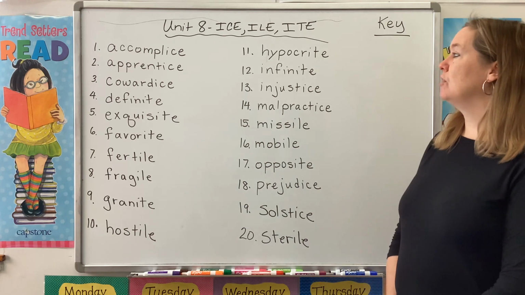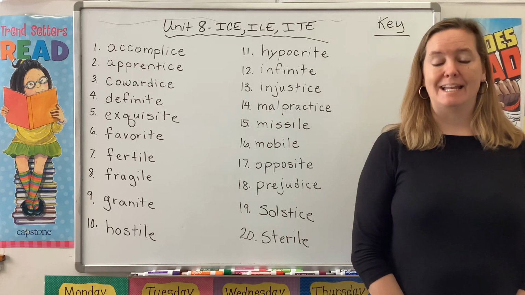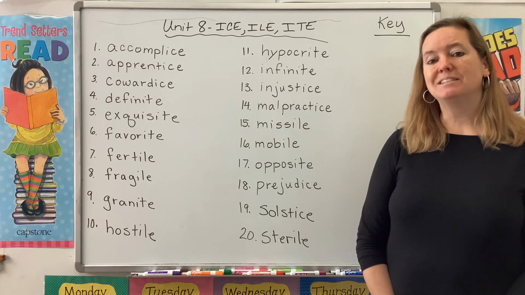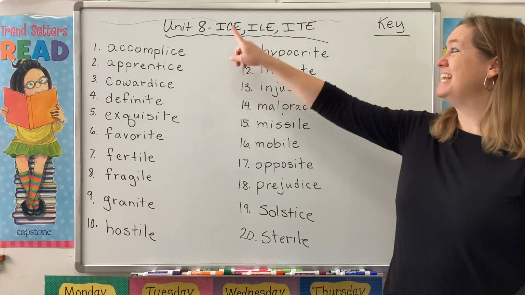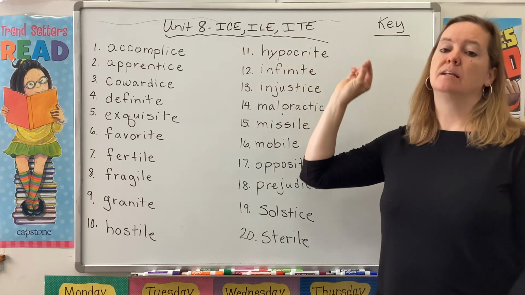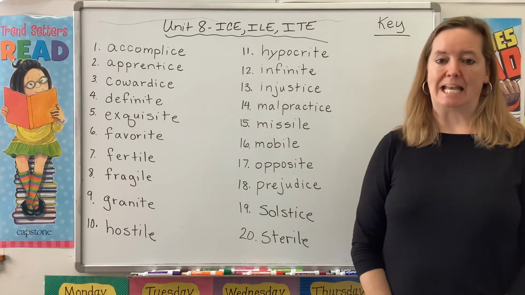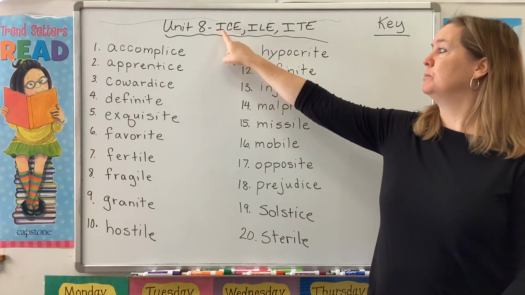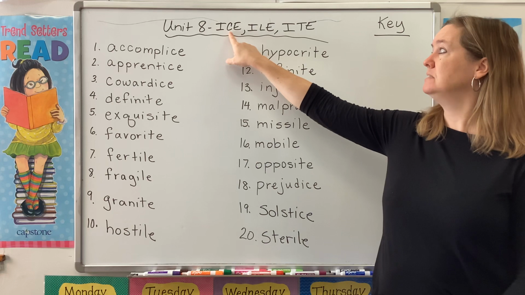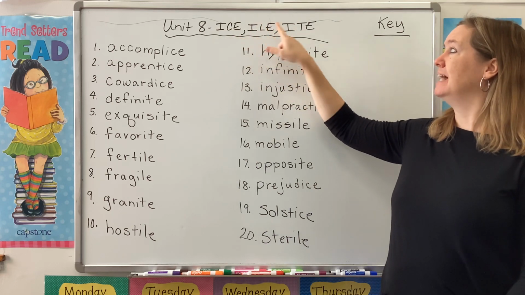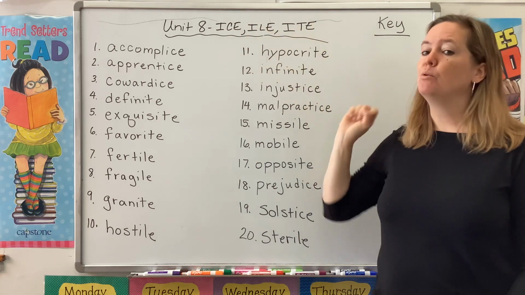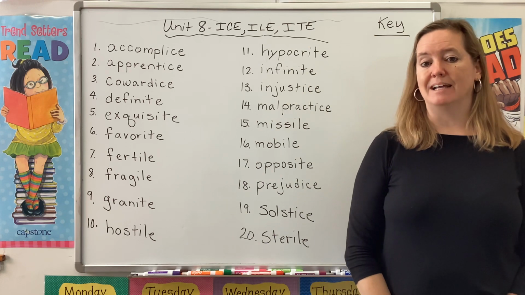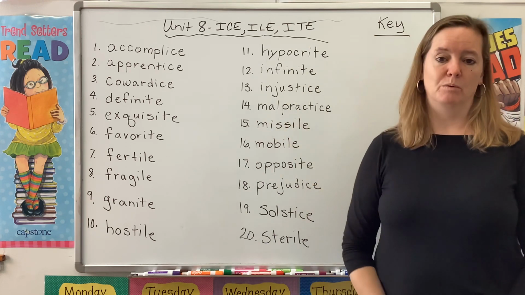This week we are looking at 3 more endings, and we're noticing their sounds because in none of these cases does the I say its name. So even though in a short word you would see words like ice and pile and kite, you are not going to hear those long I sounds in these words.